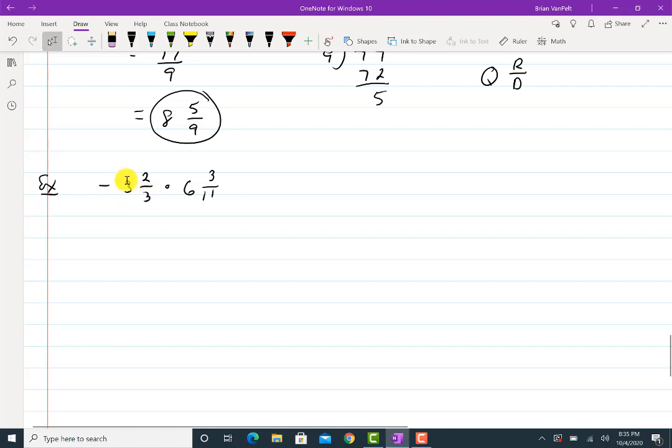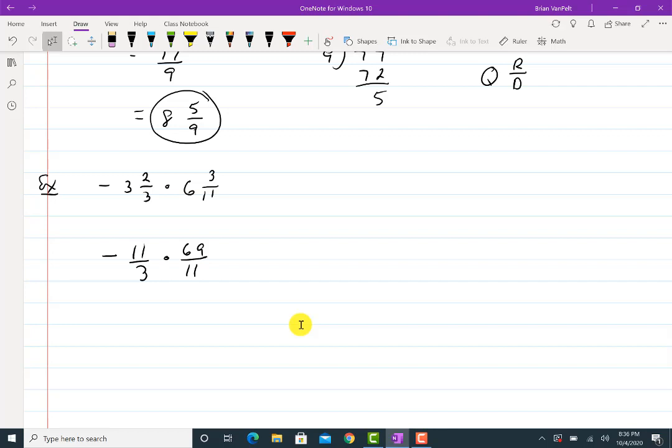So 3 times 3 is 9, plus 2 is 11. I'll keep the negative there, 11 over 3, but it was not involved in the computation. Similarly, 6 times 11 is 66, plus 3 is 69.